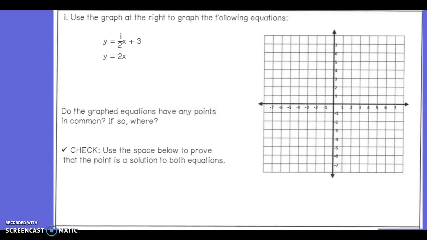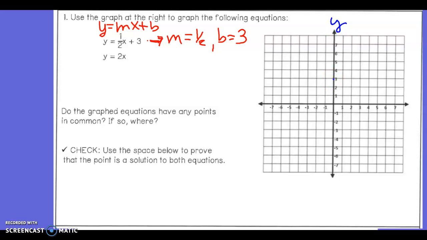For the first equation, if we notice, it's already in the form y equals mx plus b. That's a good thing, because then I have my slope, which is 1/2, and my y-intercept, which is 3. And I can put those things onto the graph. On my y-axis, I'm going to go up 3 and put a dot.